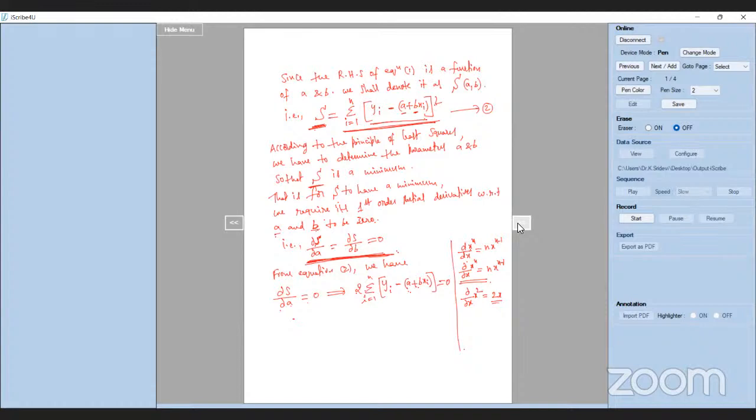So this follows that summation yi is equal to summation i equal to 1 to n of a plus b xi. We can write this as summation i equal to 1 to n a plus summation i equal to 1 to n bxi.